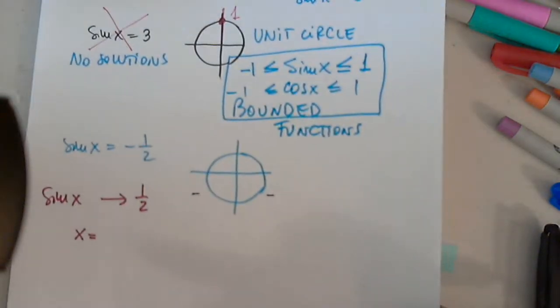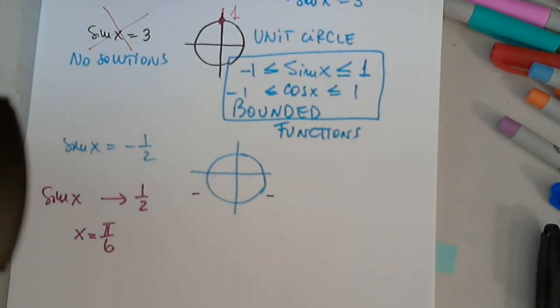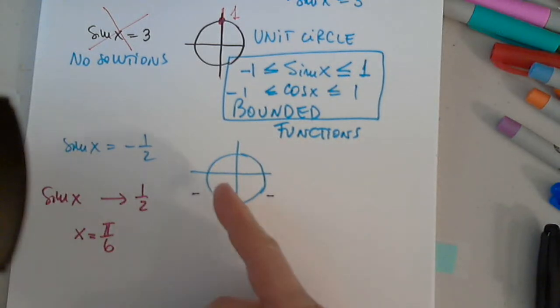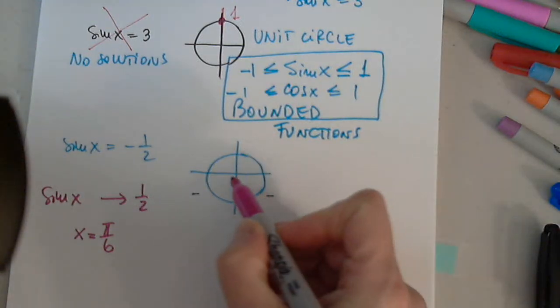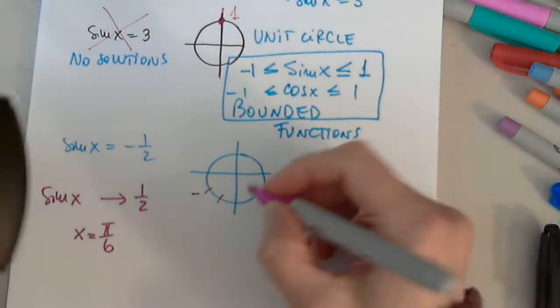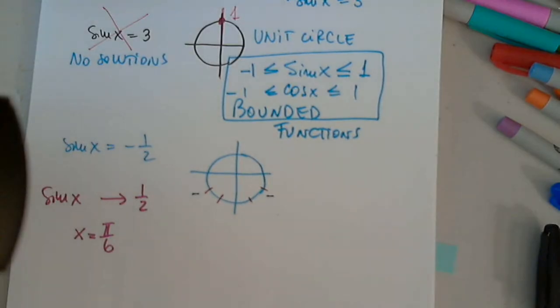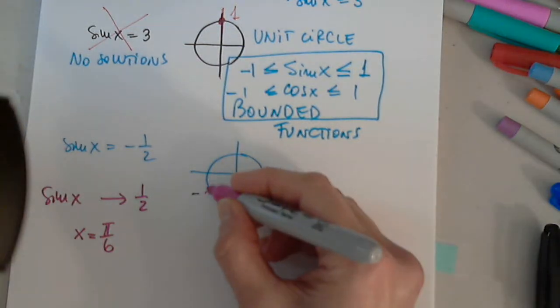pi over 6. Excellent. Well done. But since we are talking about an angle that has its terminal side in the third and the fourth quadrants, I have to divide these two quadrants by 3, each part pi over 6.